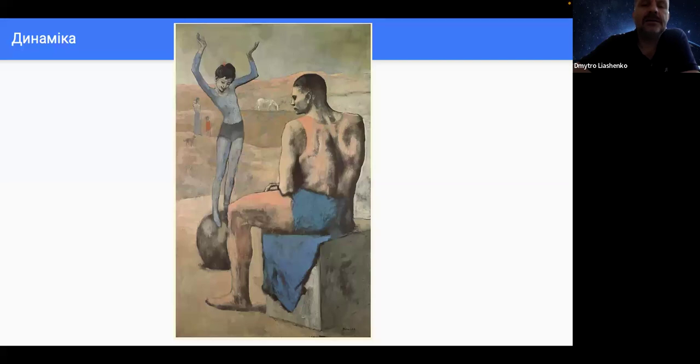The idea of stability: a man is sitting on a box, a rectangular box, and a girl who is dancing, standing on a ball. The girl looks very dynamic, and we believe that she is moving just now, just when we are looking at the picture.